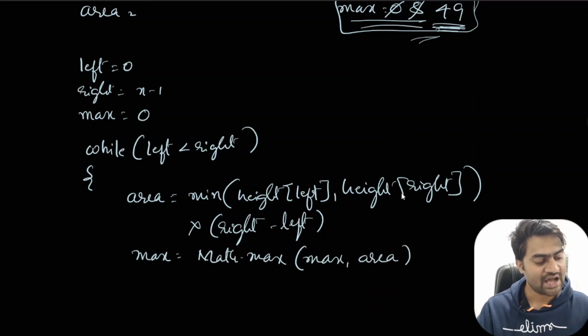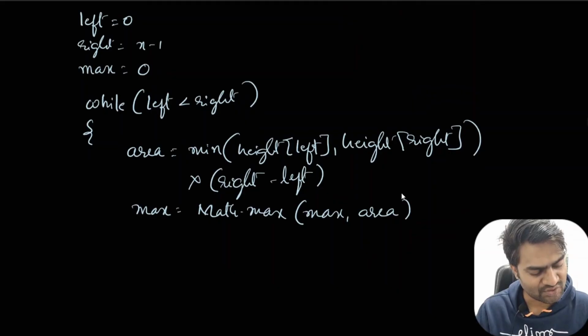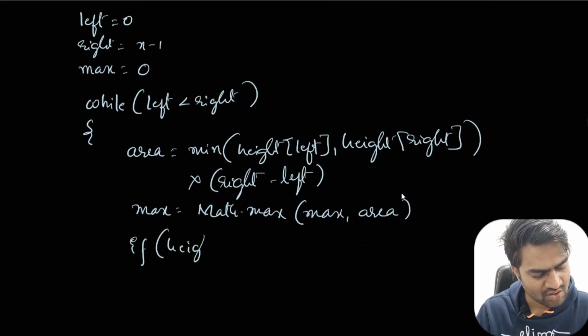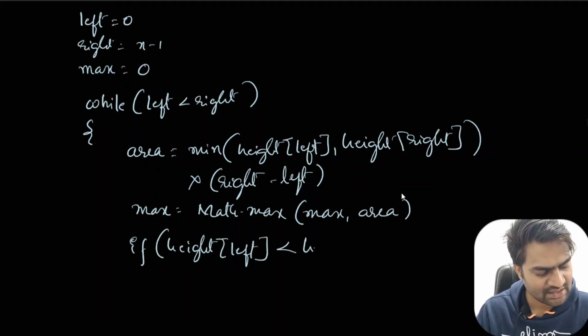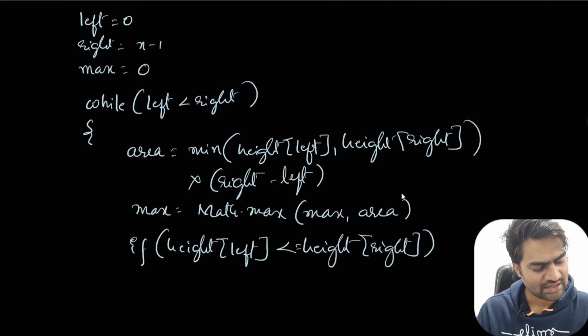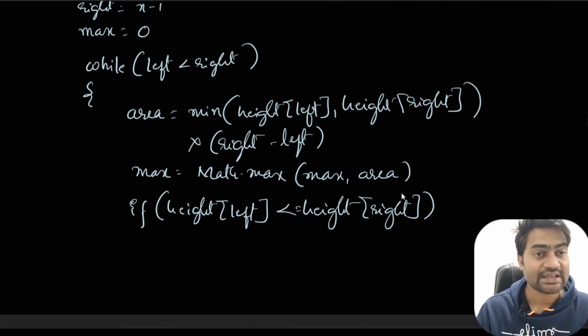Then after that I will update max equal to math dot max of max comma current area. After that we need to eliminate the lower value. So I will check if height of left is less than or equal to height of right, then I will simply eliminate my left value.